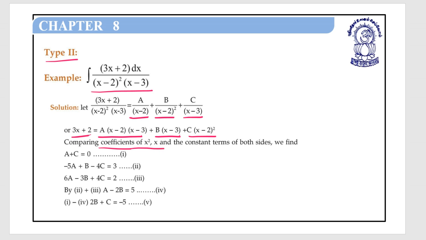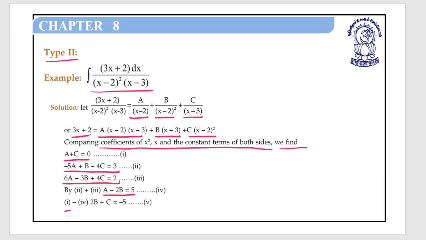Comparing coefficients of x square, x and the constant terms on both sides, we find A plus C is equal to 0, equation number 1. Minus 5A plus B minus 4C is equal to 3, equation number 2. 6A minus 3B plus 4C is equal to 2, equation number 3. By adding 2 and 3, we get A minus 2B is equal to 5, equation 4.